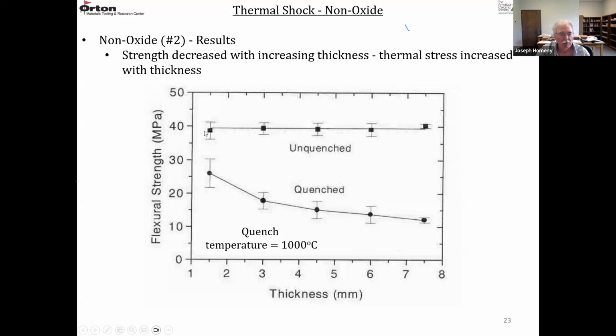Unquenched, there was no effect of sample size on the flexural strength, but as you increase the sample size, the flexural strength fell off. So this was at 1,000 degrees C, and strength as a function of sample thickness. So the thicker the sample, the higher the stress levels, the bigger the thermal gradient.